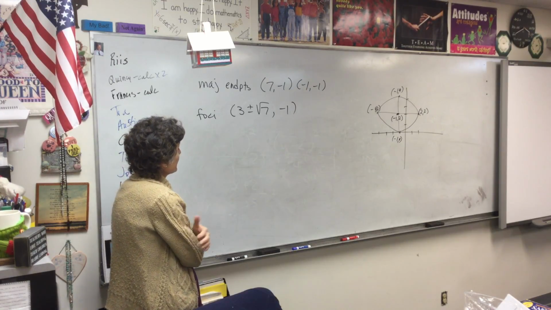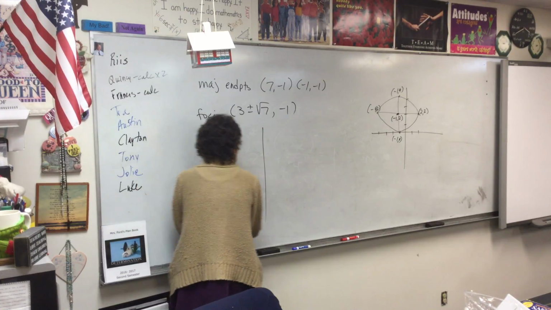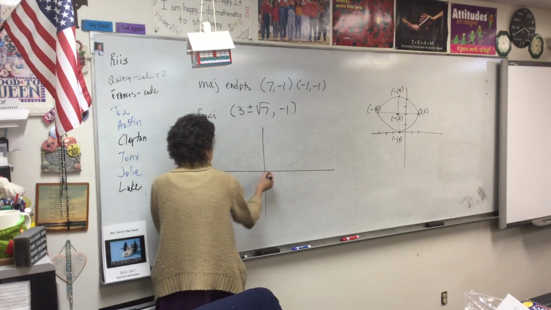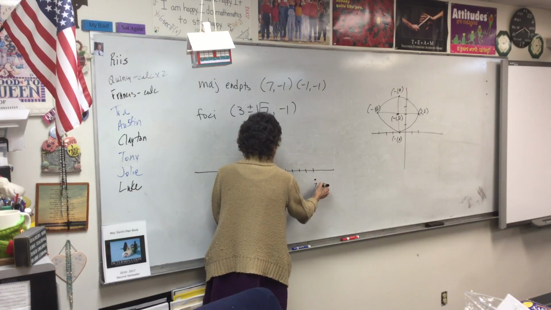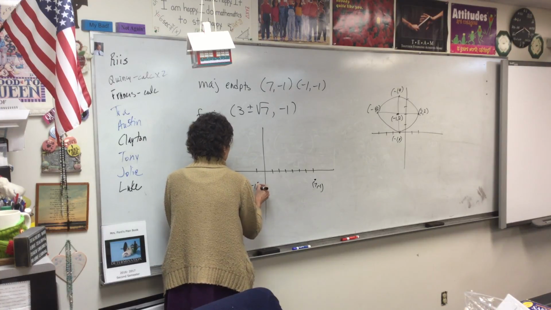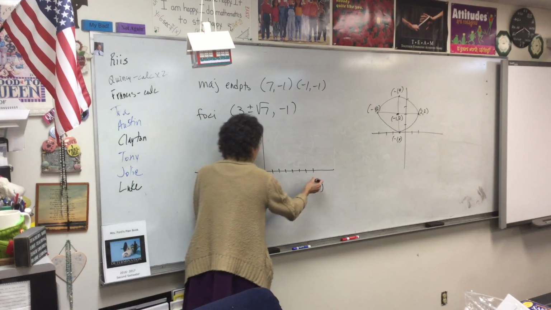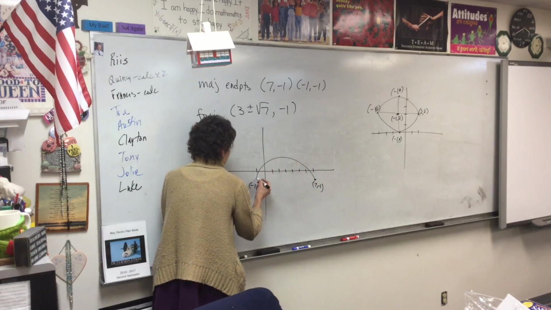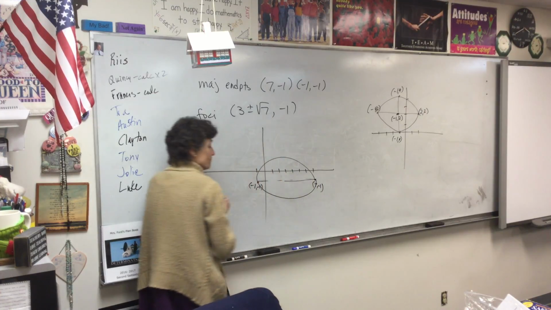We have an ellipse. And its major axis has endpoints at 7, negative 1, and negative 1, negative 1. So I don't know exactly what the thing looks like, but it's stretched this way because that's the major axis, right?